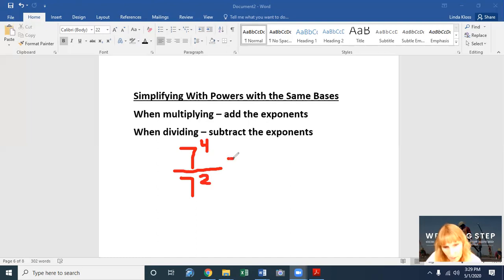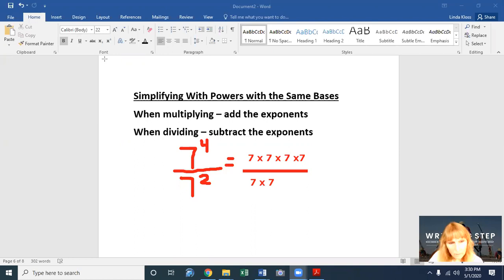This is the same as 7, I'm going to actually use the text box for that. This is the same as 7 times 7 times 7 times 7 on top, and then on the bottom it would be 7 times 7. And we could draw a line between it, means division.